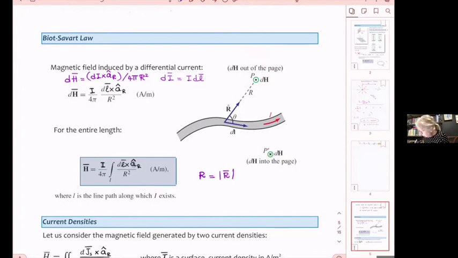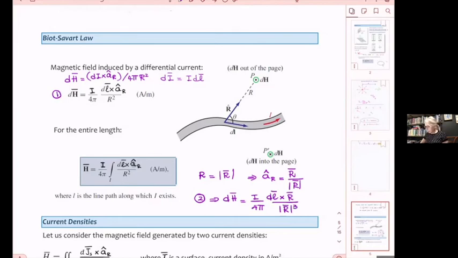And because we know from the definition of a unit vector that a sub r is nothing else but r over the magnitude of r, then this one can be written as dH equals I over 4 pi, dl cross r, divided by r cubed, okay?